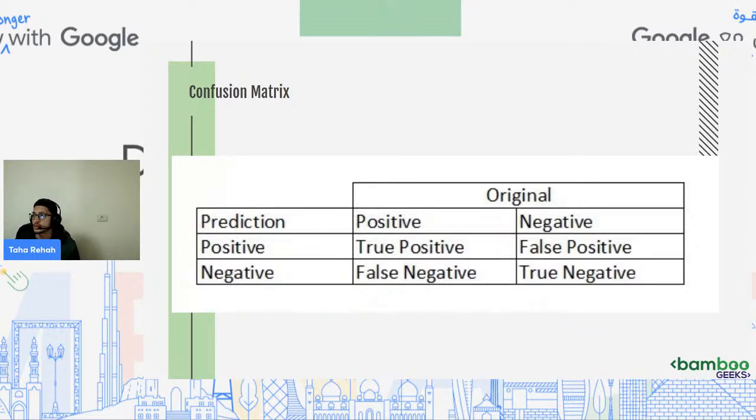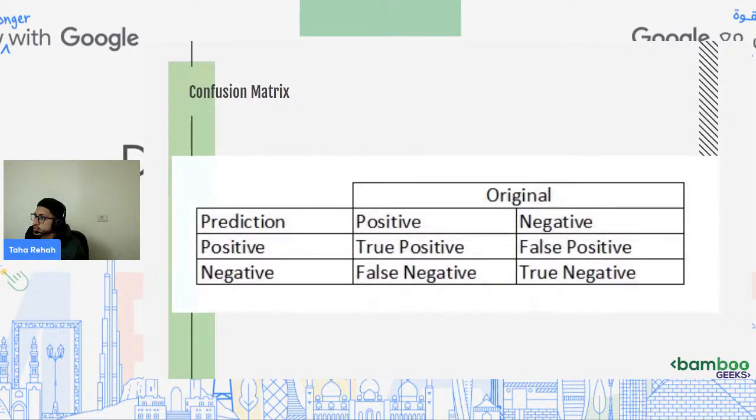If we take an example of classifying between happy and unhappy, and we took a person X that we know is happy, and the model predicted that he is unhappy, this is a false negative. If the model predicted that he is happy, but he is actually unhappy, this is a false positive.